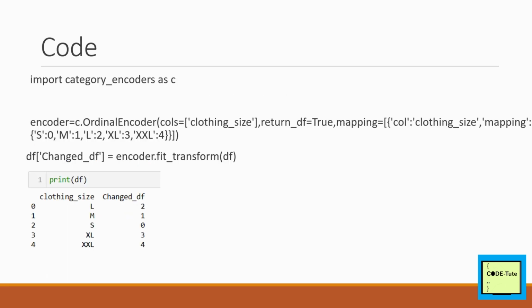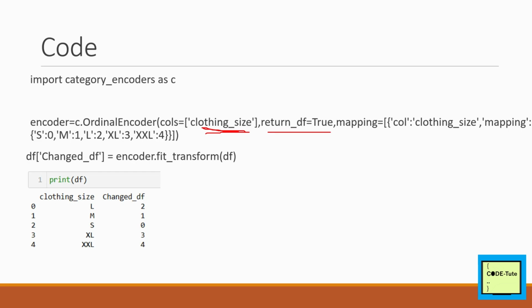Now we need to convert this data frame into numeric, so we have to map the values to some numbers. We will import category_encoders as ce, and encoder = ce.OrdinalEncoder. We will use this method, OrdinalEncoder. In the ordinal encoder we need the column, which is clothing size, and return_df equals True.